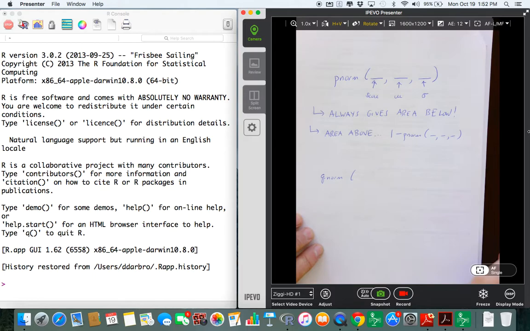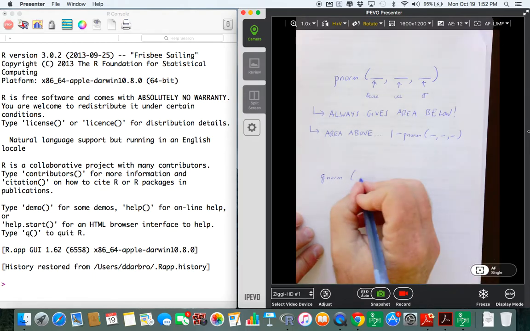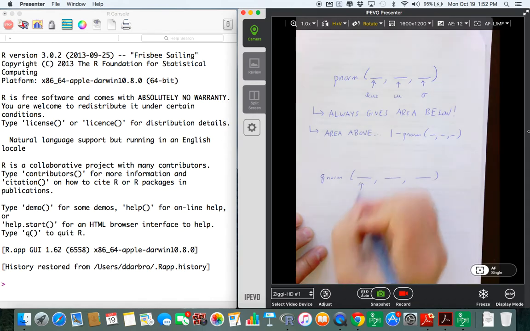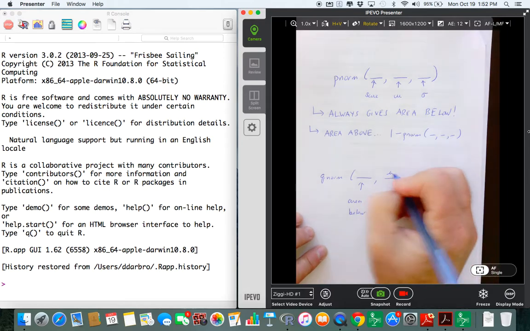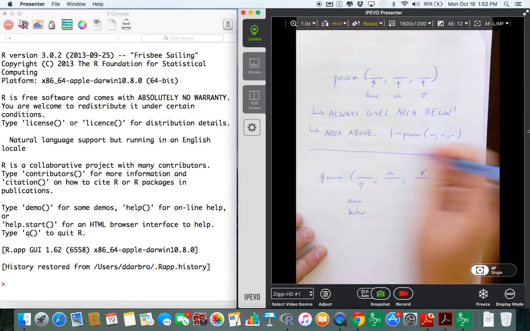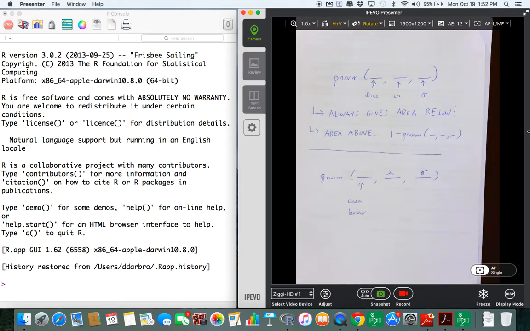works exactly like inverse norm. Has three things: area below. And you might say, well, if you got area above, then you subtract it from 1. Mean and the standard deviation. This works exactly like inverse norm.